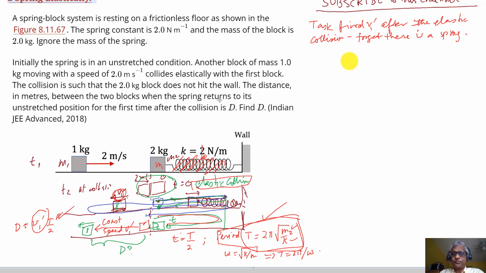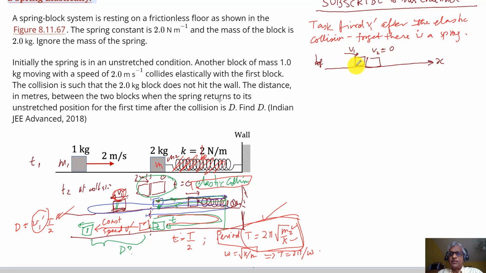When you do a collision, let's use a coordinate system. This situation is before the collision, and this is v1, and this is v2 equal to 0. This is all positive x coordinate.